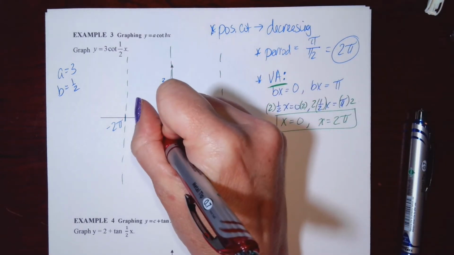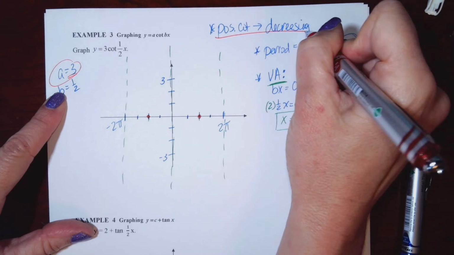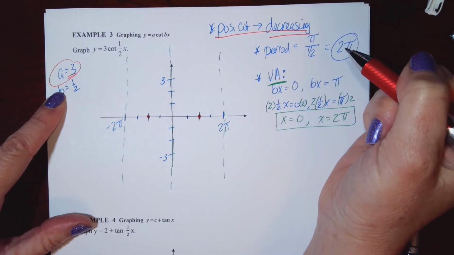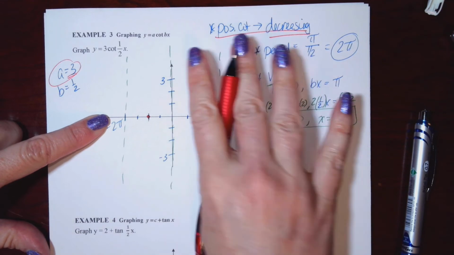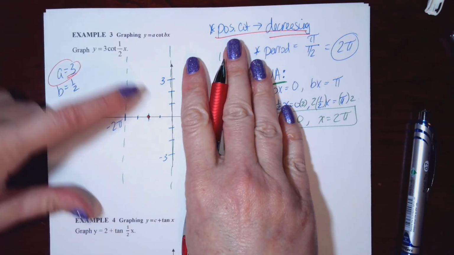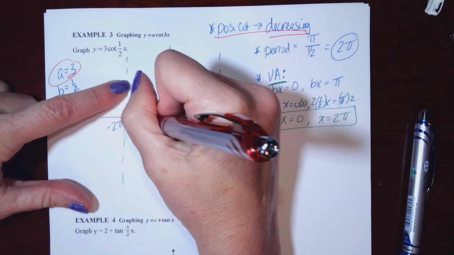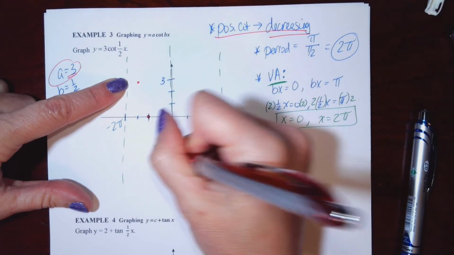Center is at 0. My quarter function values are going to be at 3, and I'm doing positive cotangent, which is decreasing. So if I look at this first cycle I sketched between 0 and negative 2 pi, I'm decreasing, so I start high, finish low. This quarter function value is going to be at positive 3. This one will be at negative 3.